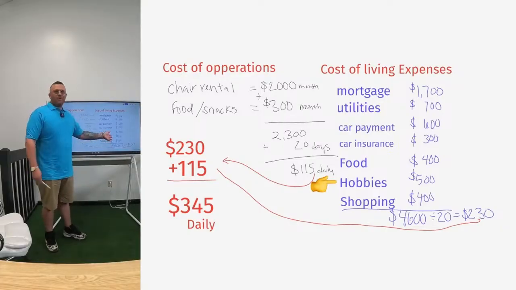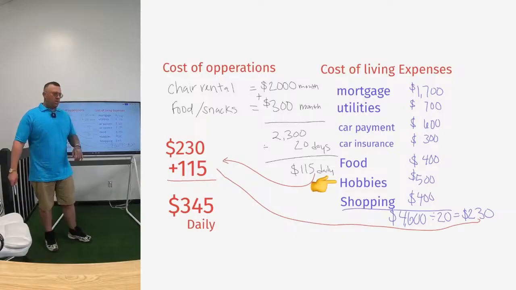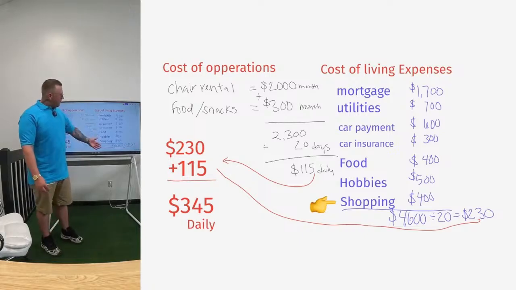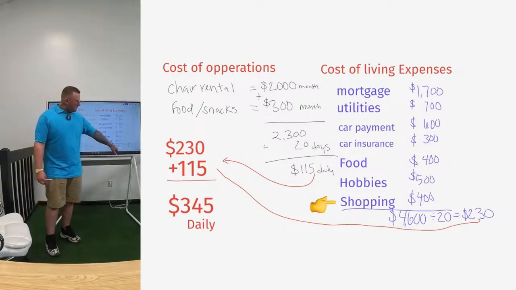So hobbies is miscellaneous things that you do every month that you just don't know off the top of your head. You gotta track. Shopping, again, shopping being clothes, Amazon, anything you buy. So this is my average of spending each month, which comes up to $4,600.